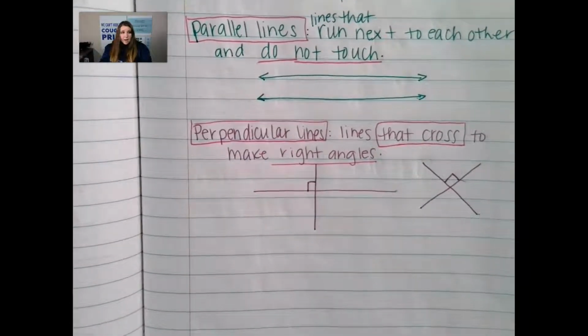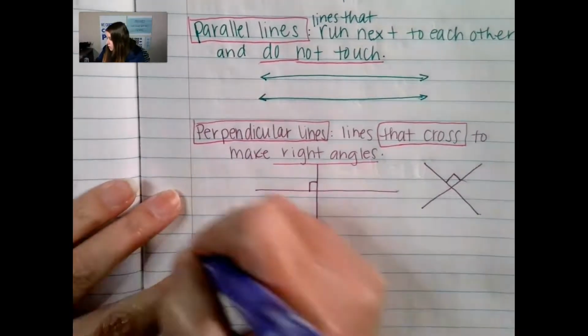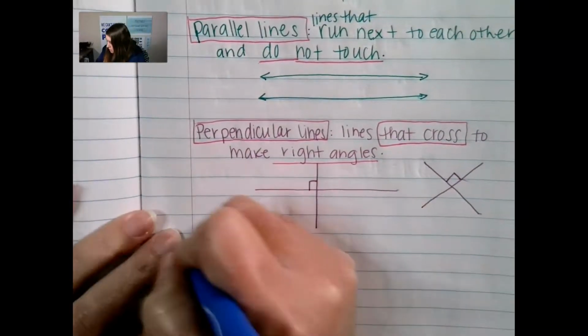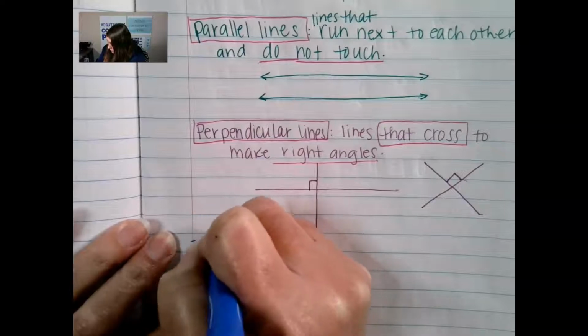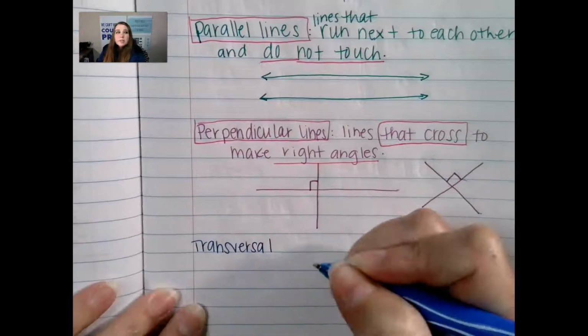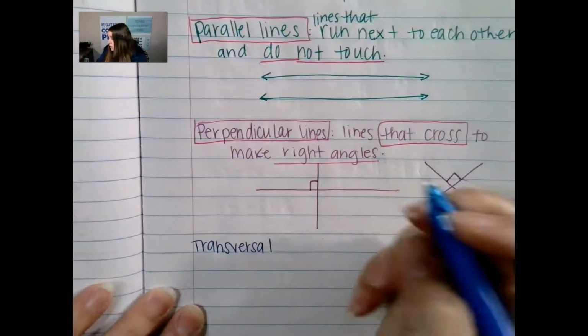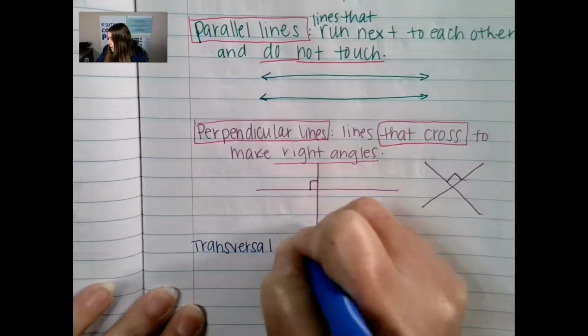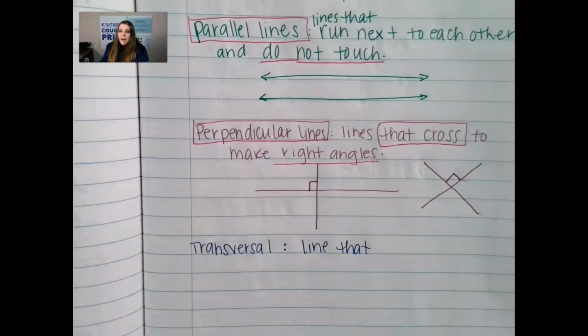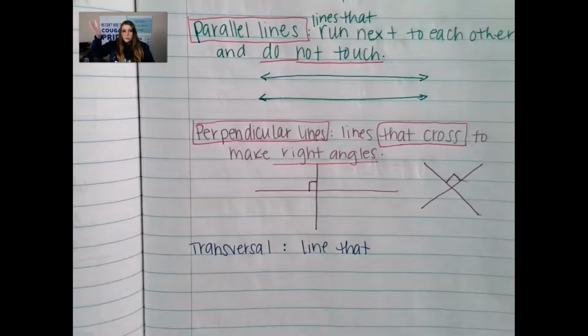So our last word that we're going to talk about right now is called a transversal. And a transversal is a line that runs through or cuts through parallel lines and creates angles.